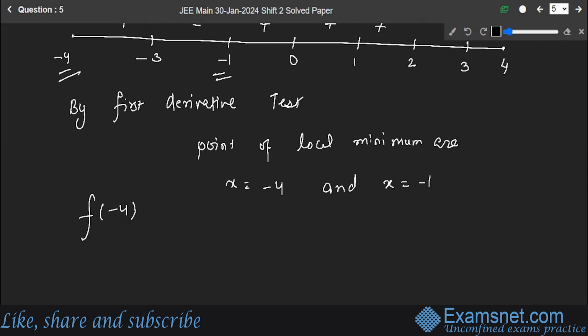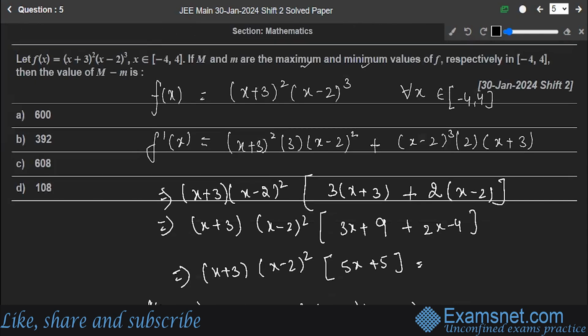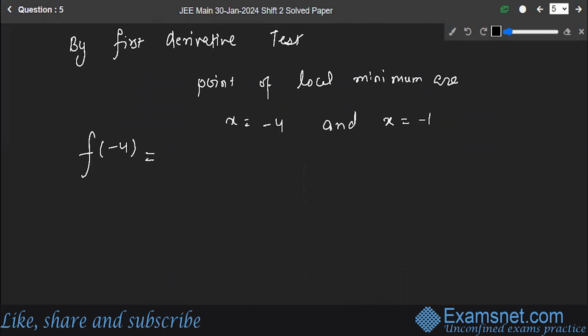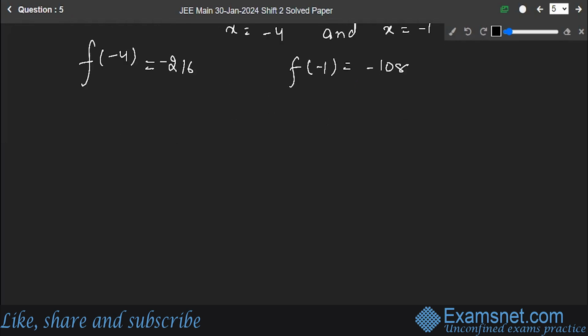So f of minus 4, this was your function. On filling in x is equal to minus 4 in this function, you will get f of minus 4 is equal to minus 216, and f of minus 1, on filling in that function, will give me minus 108. Now let's find out the point of local maximum.